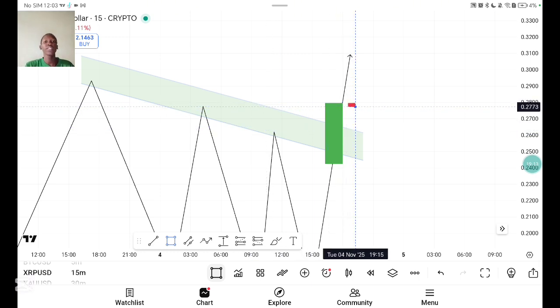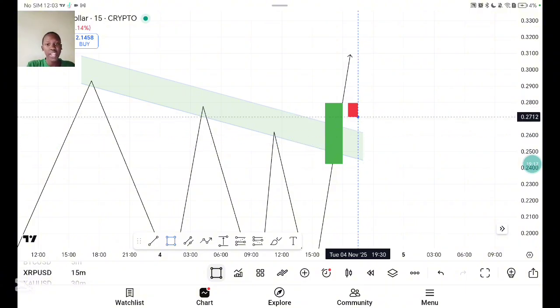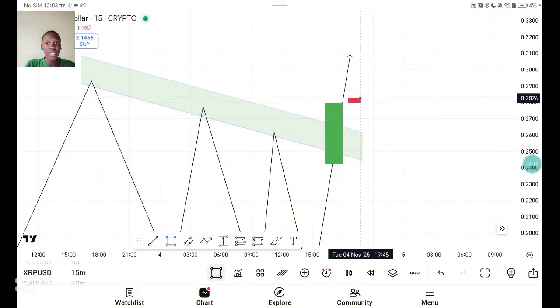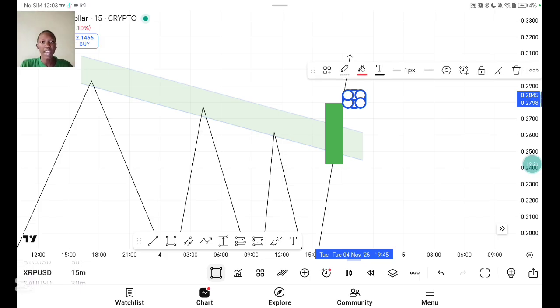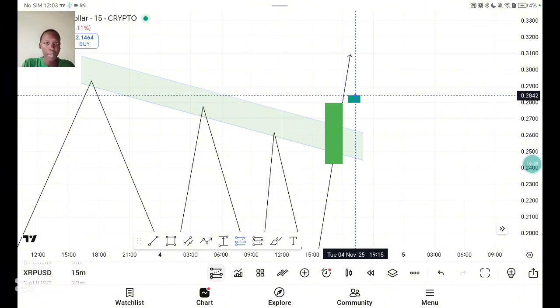The reason we are waiting for a retracement is not to retest this zone, it's just to create a wick. By the time we start heading up is where we can enter for our buys. By the time you start seeing that green candlestick, enter for a buy.